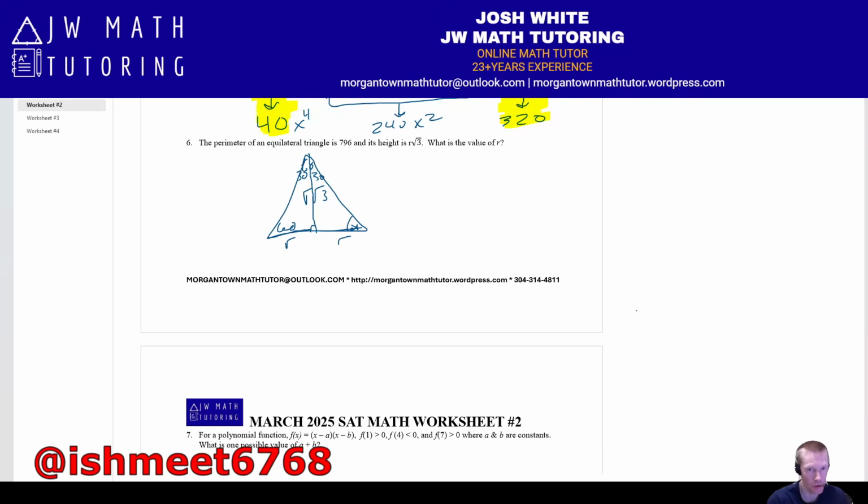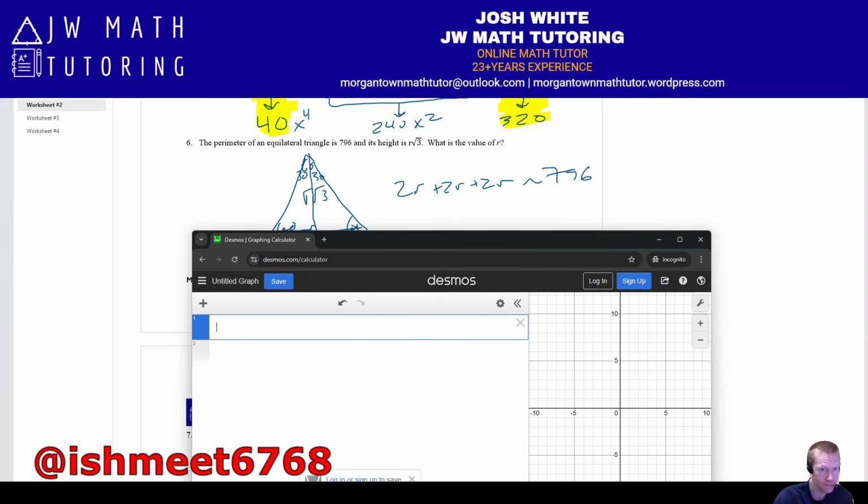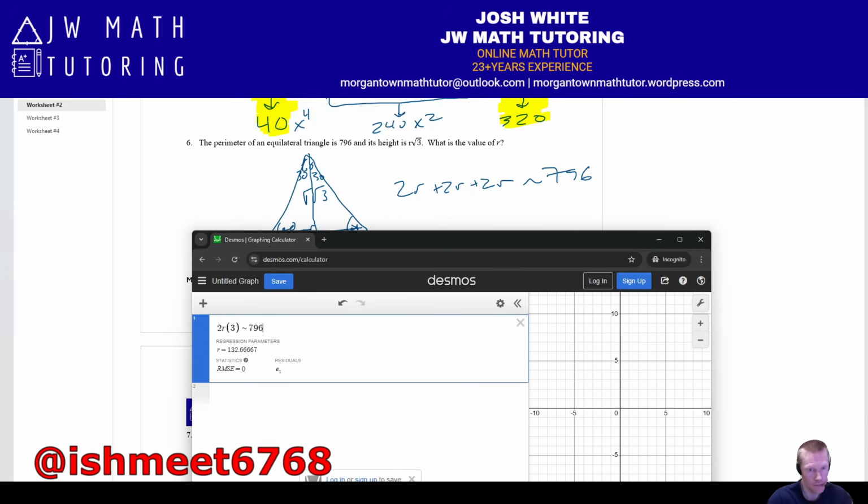So all you have to do technically to solve this is just notice that if the height is r root 3, that means one side of the triangle is 2r. So you just do 2r plus 2r plus 2r, or 2r times 3, to set that equal to 796, and just get your answer that way. And that's the correct answer right there.